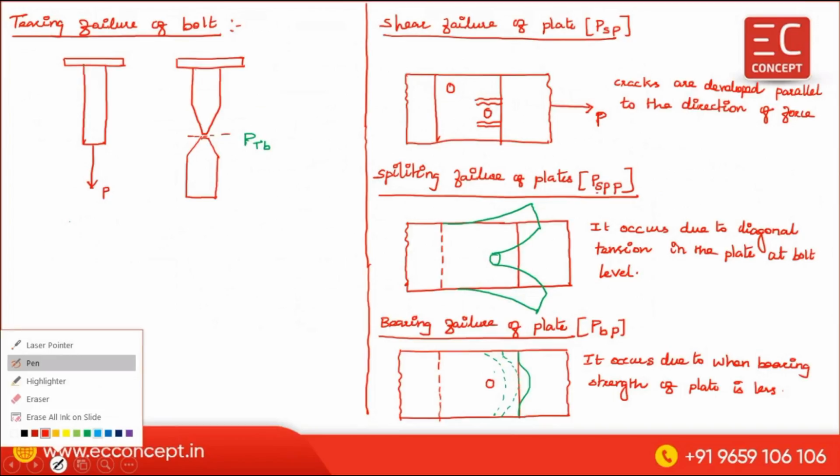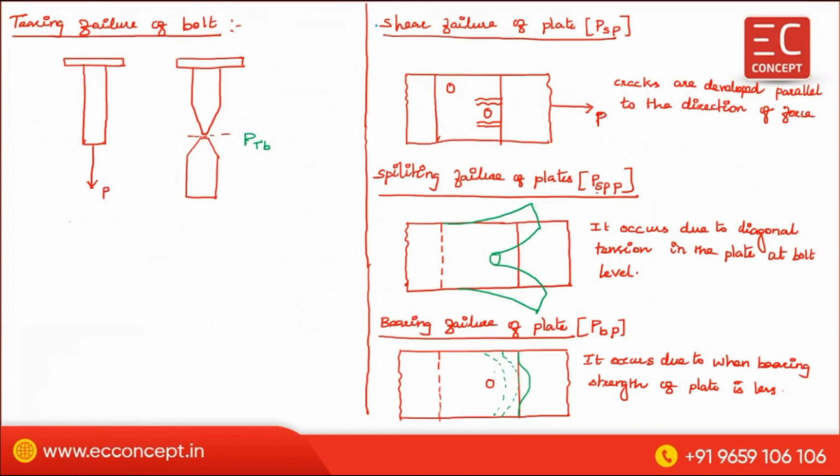You know, these three failures of the plate, shearing, splitting and bearing, can be avoided or prevented. These three failures can be prevented by using the proper end distance.